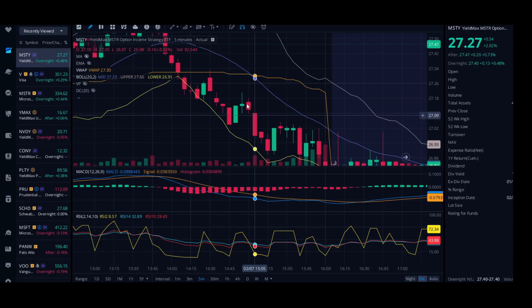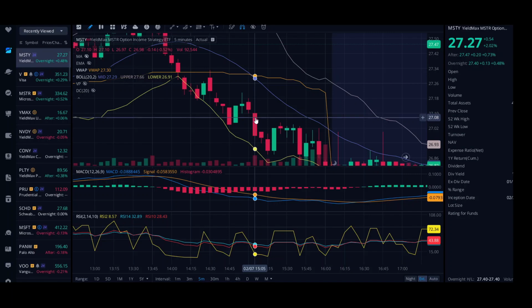Right here between these two candles is where it actually triggered, and it paid me the $80, or 80 cents per share. When you're doing an options contract, each contract is a total of 100 shares. Where the option chain shows a dollar amount in cents or dollars, that is per share. So this is where I was when it triggered and sold that put on MSTY.